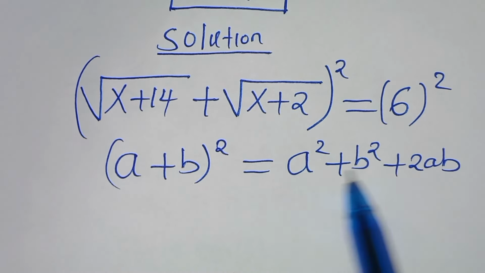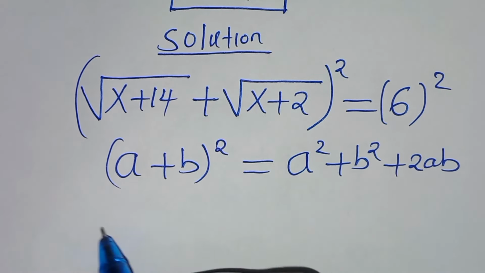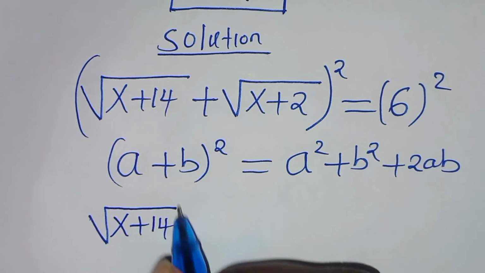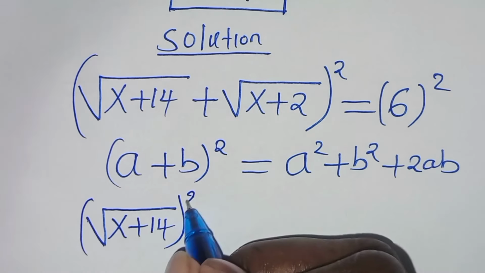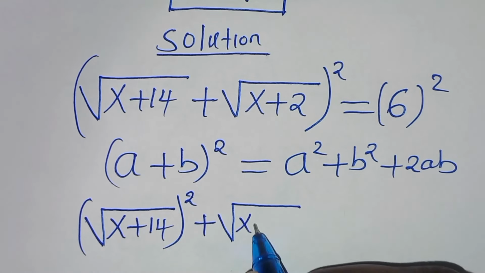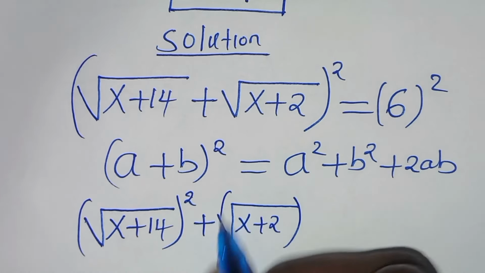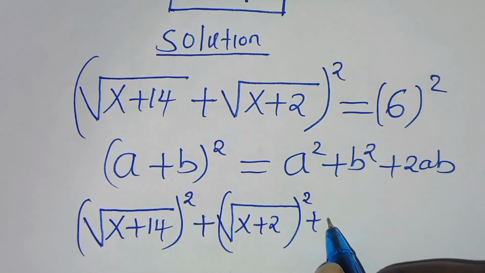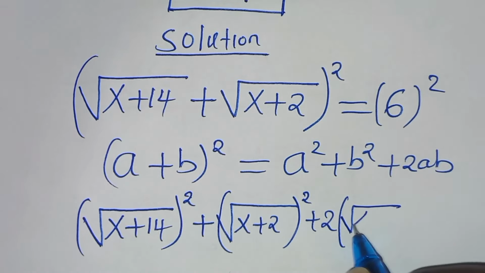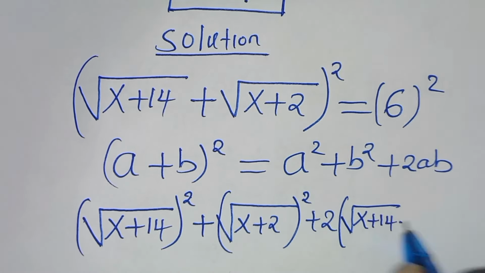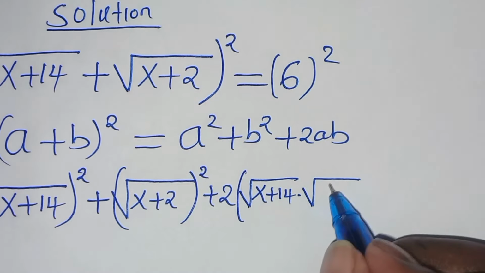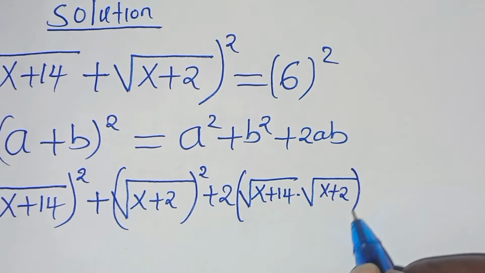So let's apply this algebraic identity so that we have square root of x plus 14 raised to power 2 plus square root of x plus 2 squared, then plus 2 multiplied by square root of x plus 14 times square root of x plus 2, close the parentheses.